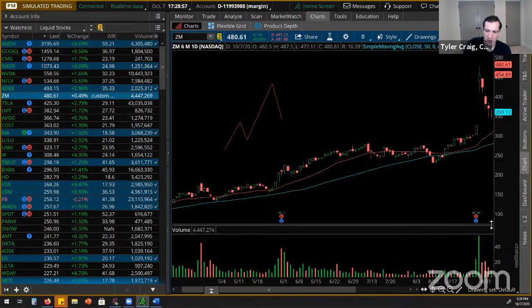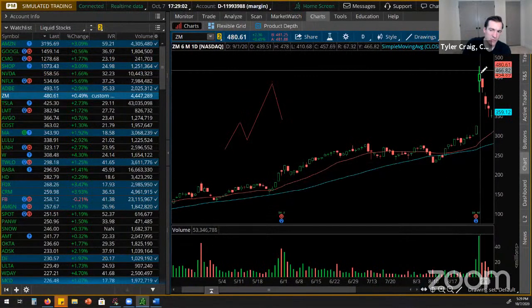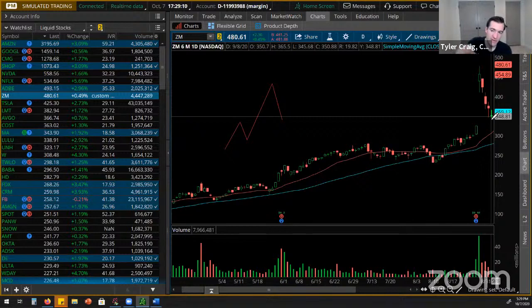Back on September 8th, it rallied up, made a new high, pulled back 4 days. That was a nice little bull retracement. Zoom was on our watch list that week. Zoom was on our scouting report that week because it had a bull retracement pattern. Okay.